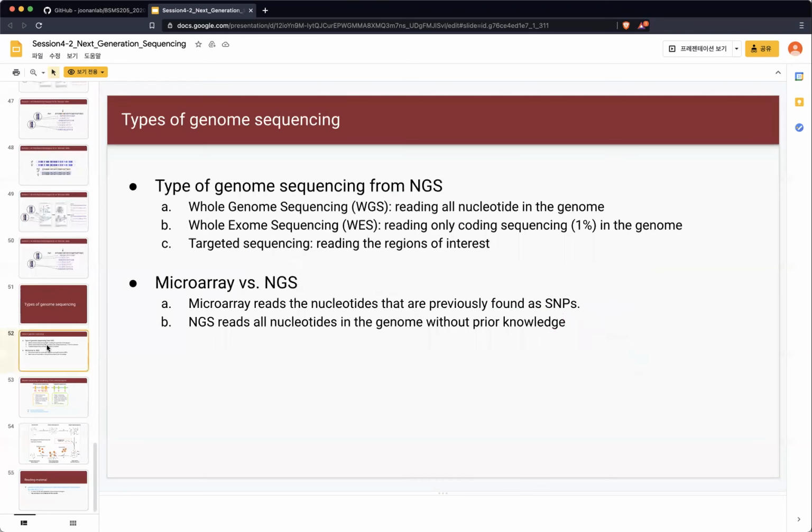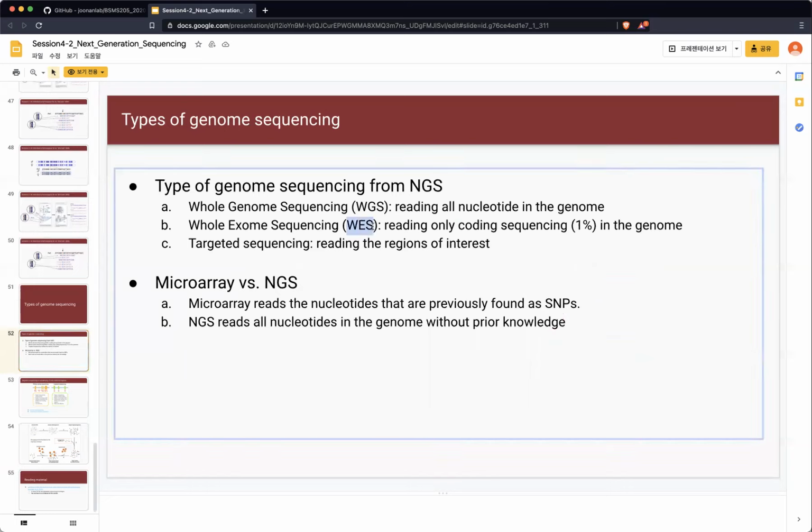Okay, types of genome sequencing. Genome sequencing from NGS technology is whole genome sequencing versus whole exome. Whole genome literally means that you read out all nucleotides from the genome, and exome only reads out about 1% of the genome.